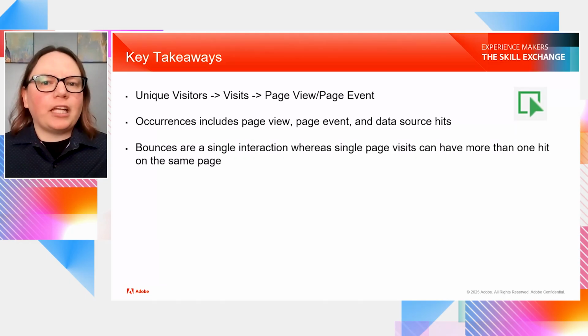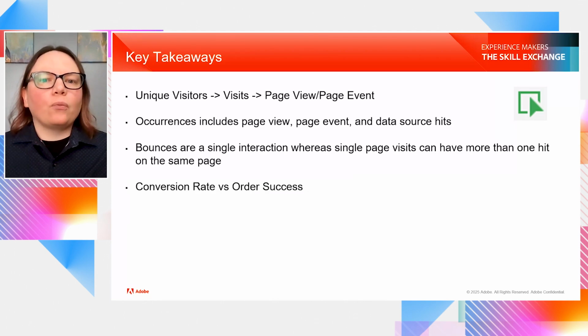Bounces and single-page visits appear similar but can provide very different results. Bounces have a single hit, whereas single-page visits can have multiple hits on one page. Relative metrics like conversion rate can be useful, but make sure that you understand how they're calculated so you can interpret them correctly.